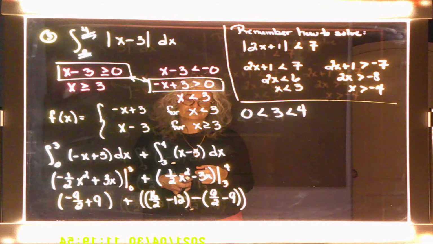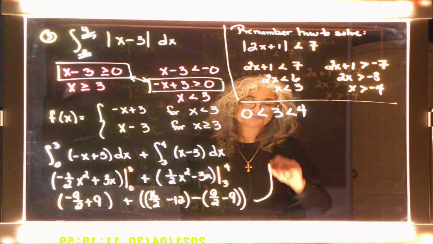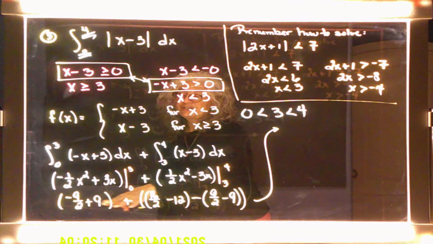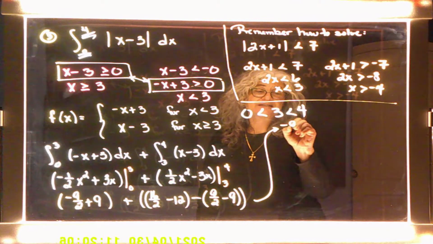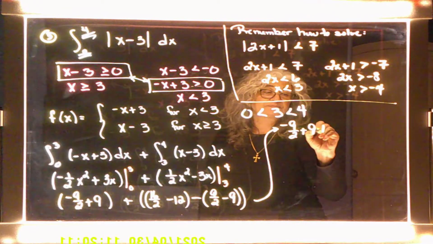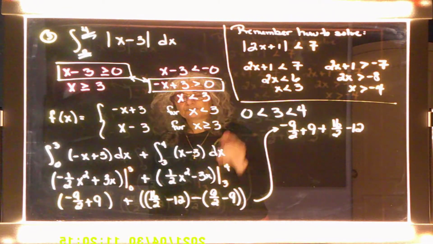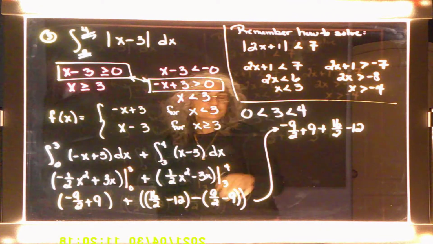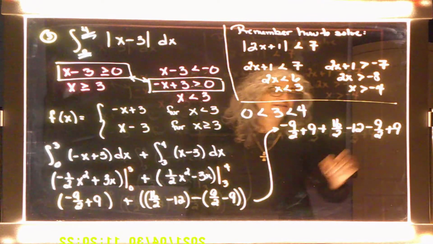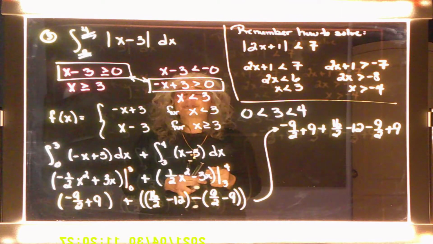Okay, ready? Here we go with some more of our algebra. I'm just going to start doing some distribution here. So that's a negative 9 over 2 plus 9 from the first part, plus 16 over 2 minus 12. Distribute the minus sign here. That'll give you a negative 9 over 2 plus 9. Agreed? Okay. I'm going to start collecting some like terms.